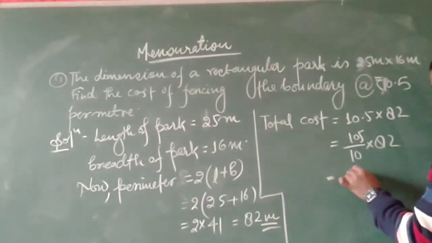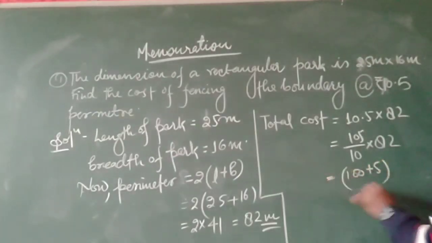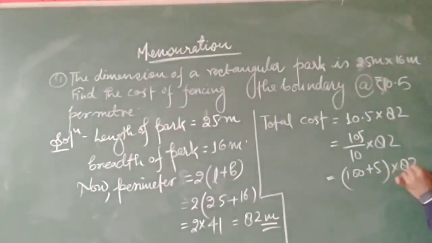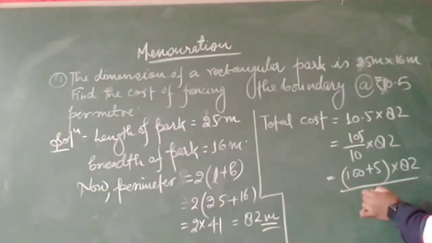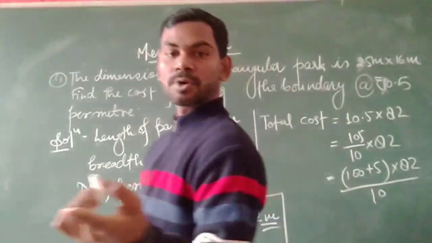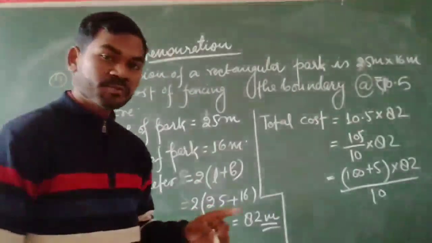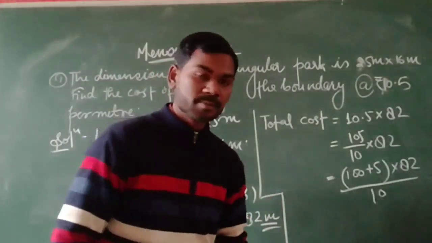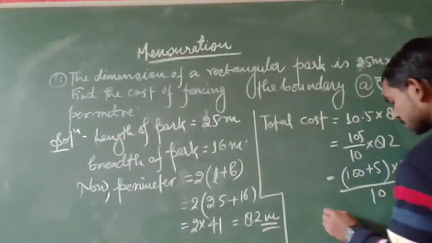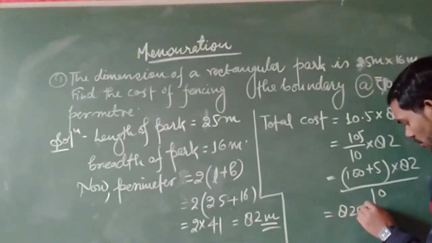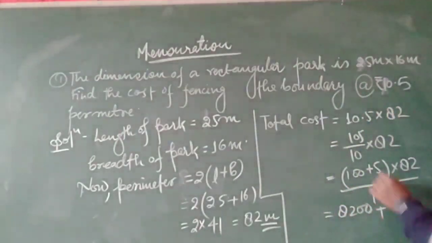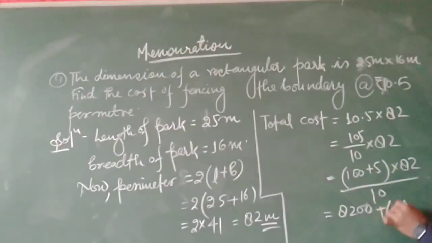Now write (100 plus 5) into 82 upon 10. In this way we can simplify the product. That is why I write 105 as 100 plus 5. Now multiply, we get 8200 plus 5 into 82, which is 410, so we get 8610 upon 10.